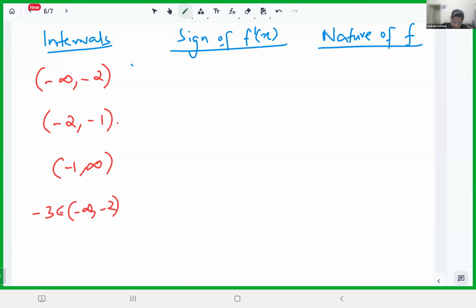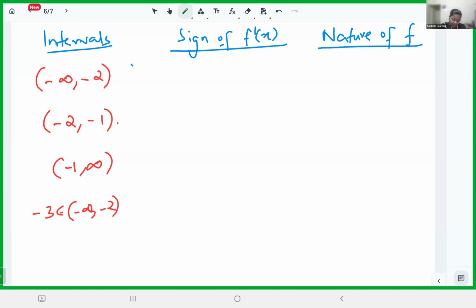You can check this in general also, because in -infinity comma -2 all the numbers are negative, so without substituting any points you can find out the sign of f dash of x. This is also another method, that is, take any point from that interval and substitute it in f dash of x, then check whether f dash of x is less than 0 or f dash of x is greater than 0.